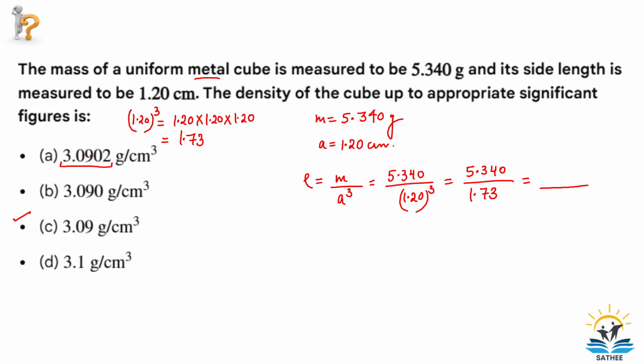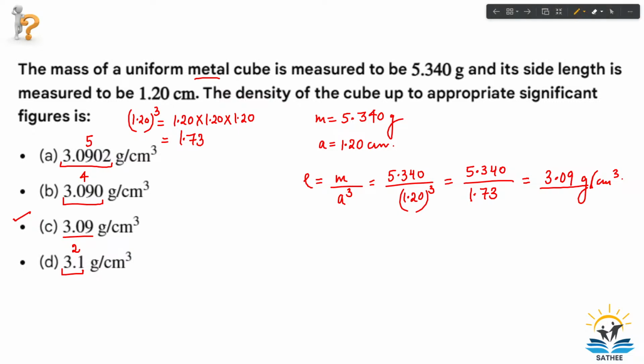So 3.0902 has five significant figures, there are four, there are two. So we should keep three significant figures. So 3.09 is the correct answer. Only three significant figures should be kept in the result. Any doubt? Okay, no doubt.